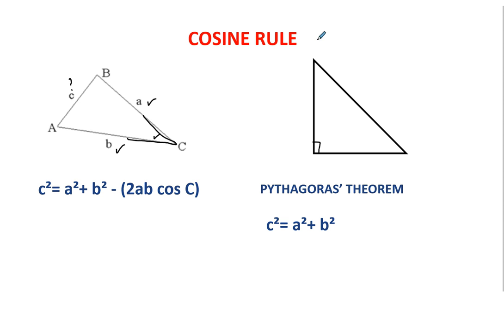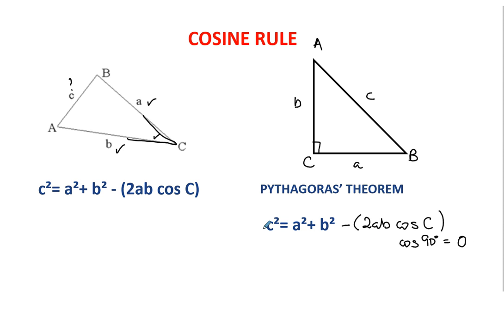So again, let's label our triangle. So that's A, B, C, and that's side A, side B, side C. So if we applied that formula to this, and we went minus 2AB cos C, then cos 90 is actually 0.